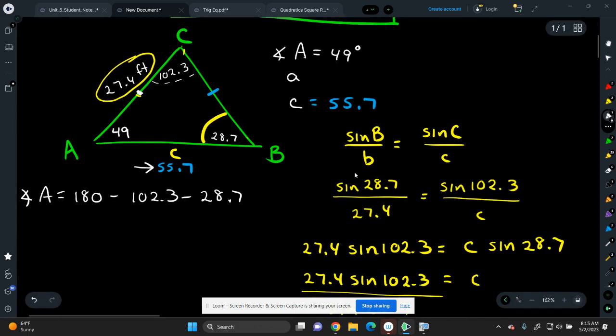So once again, we've got sine B over B, right? That's the information they gave me.